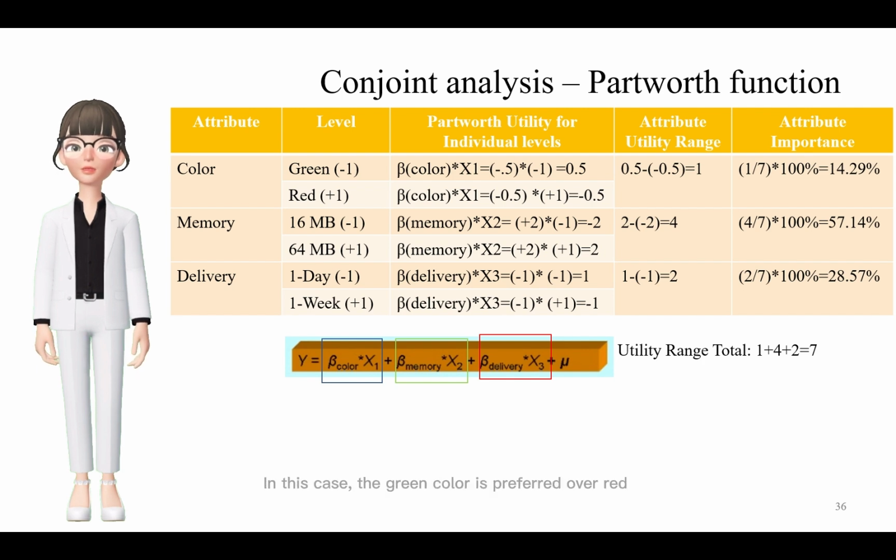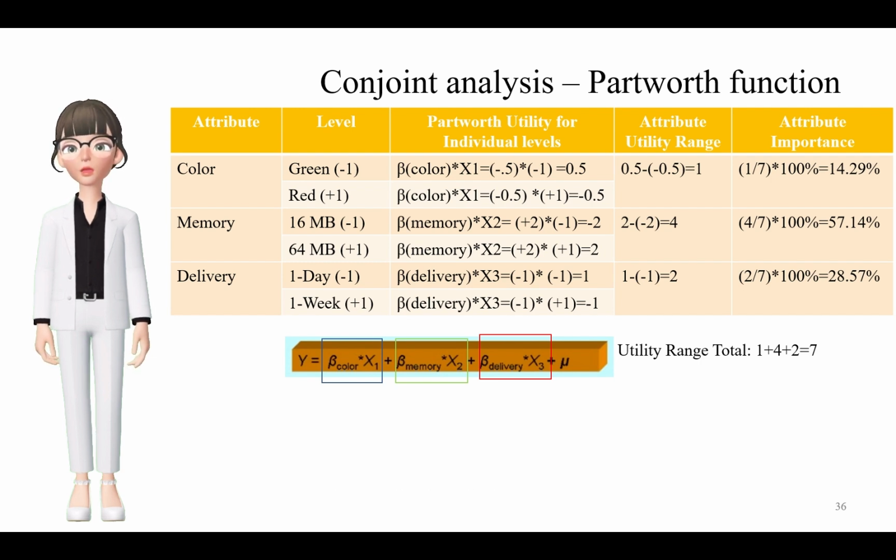In this case, the green color is preferred over red because it has a higher part-worth utility value. Similarly, we can calculate the part-worth utilities for each level of memory and delivery. The results show that 64 MB memory is preferred over 16 MB, and 1 day delivery is preferred over 1 week delivery.